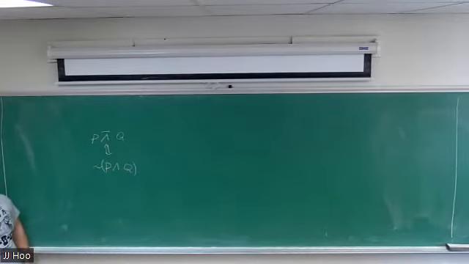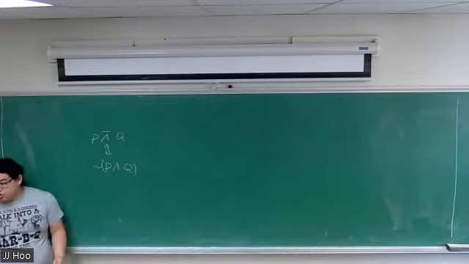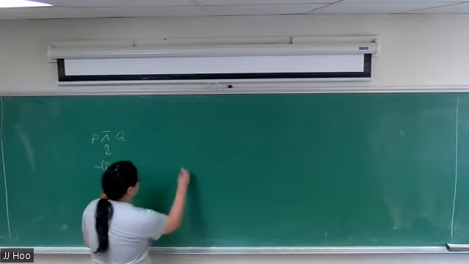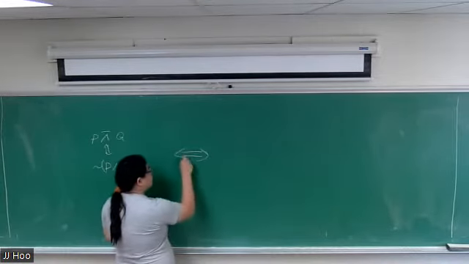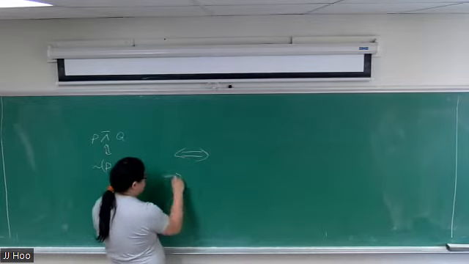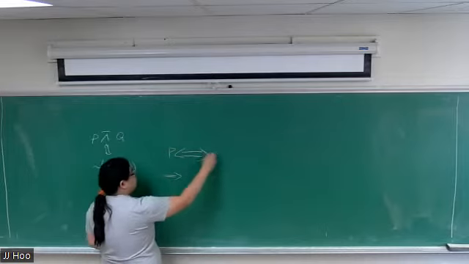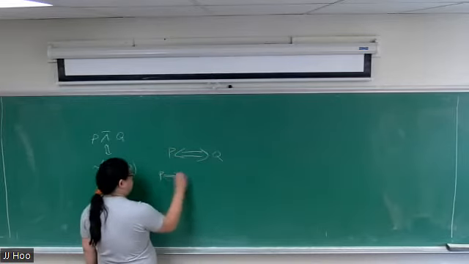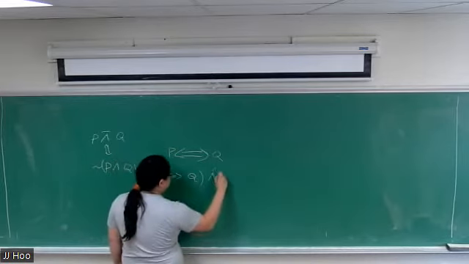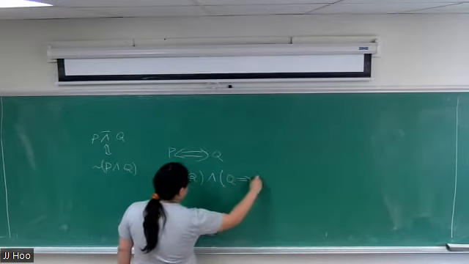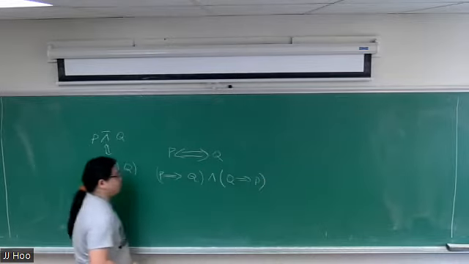But you're welcome to use our definitions from previous lectures to split this up, right? So for example, if I have P if and only if Q, that's the same as P implies Q and Q implies P, right?